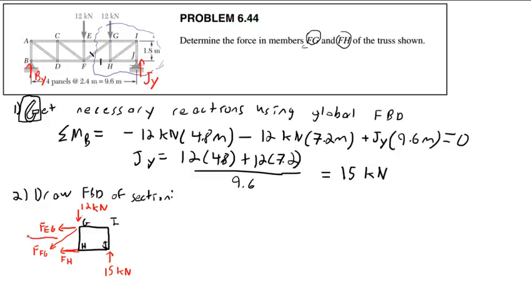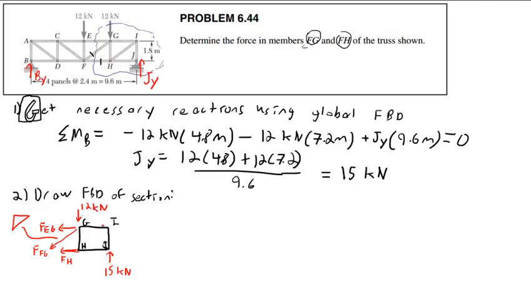And the force triangle here, let's see. That looks like a 3, 4, 5, doesn't it? Yeah, that's a 3, 4, 5. FGH, I do not need to include, because that's an internal force in the cut.